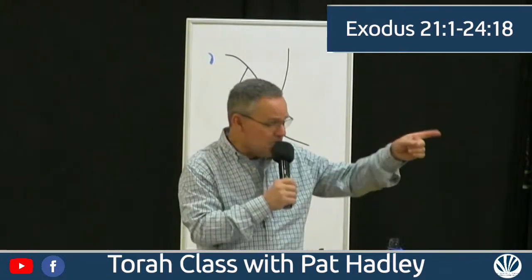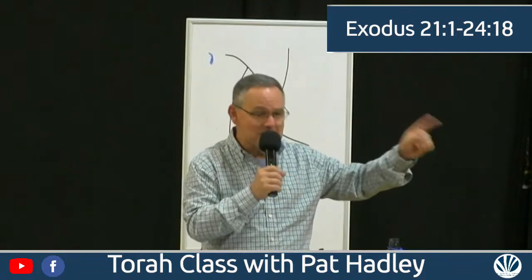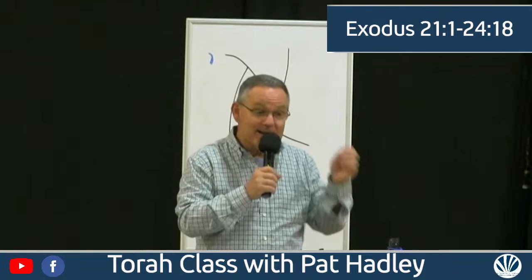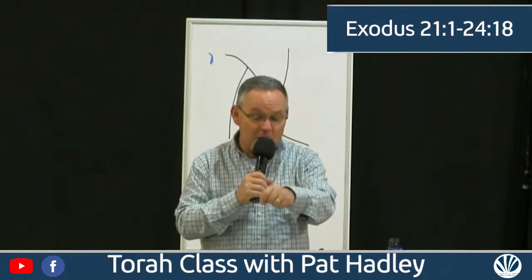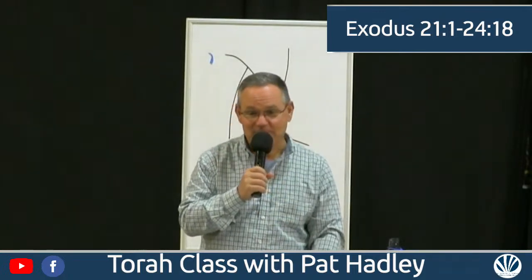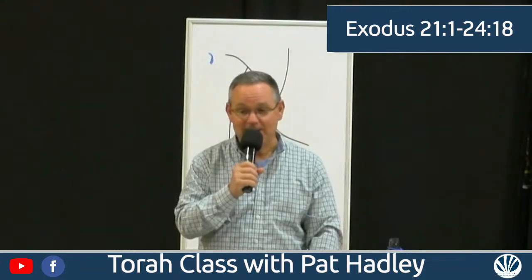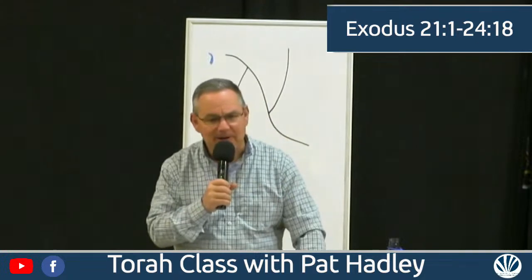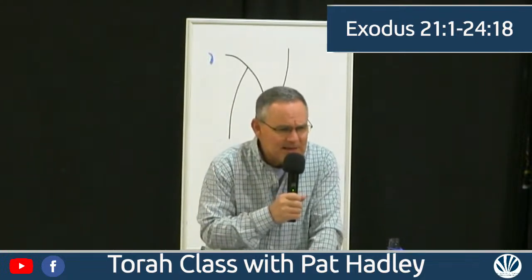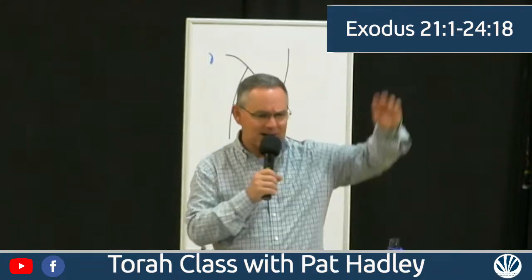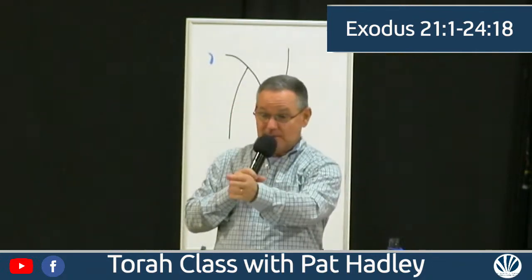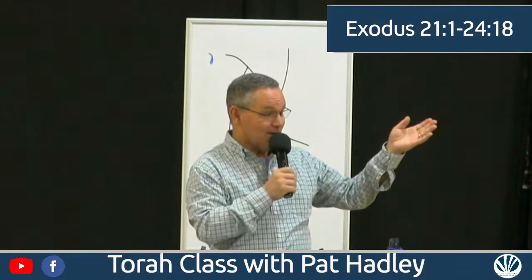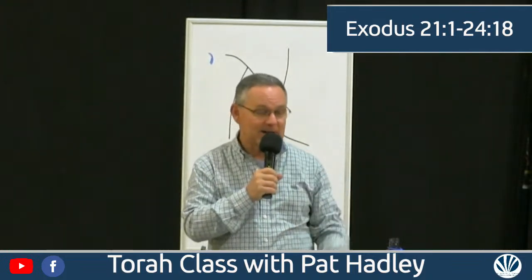Okay, and if you knew that your ox was mean and you'd already dealt with it, and then it goes and stomps on your neighbor and your neighbor dies, guess what? You might die. Okay? Now, what in the world does that have to do with you? How many of you own an ox? Okay? You may have other animals, chickens or whatever, goats, all right, but not an ox.